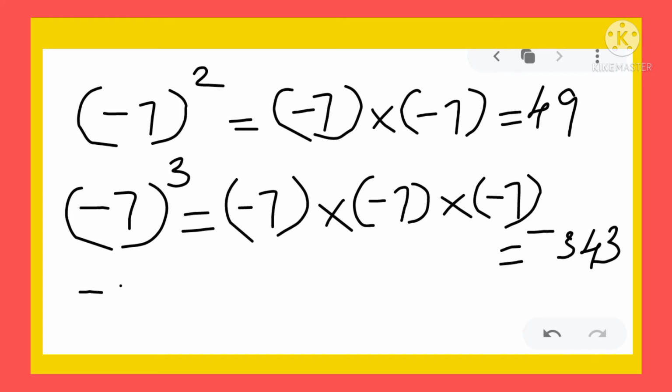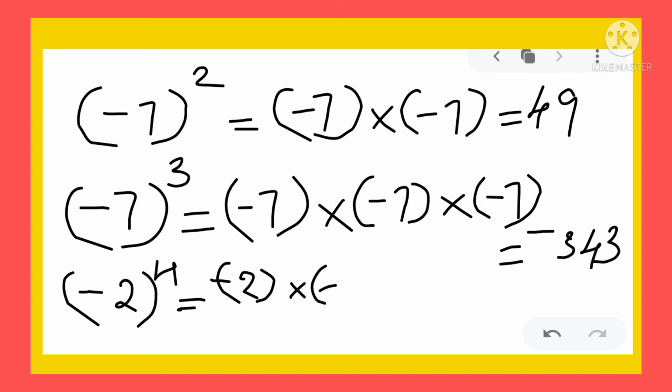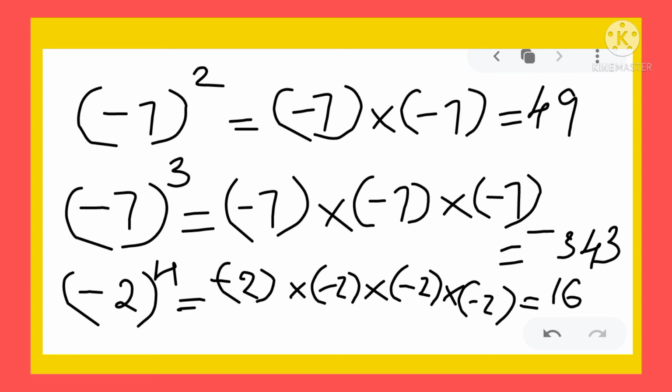Another one, negative 2 raised to 4. It is clearly a positive number. Let us check. Negative 2 into negative 2 into negative 2 into negative 2. The answer is 16. But if it is 5, that is negative 2 raised to 5, we multiply 5 times.